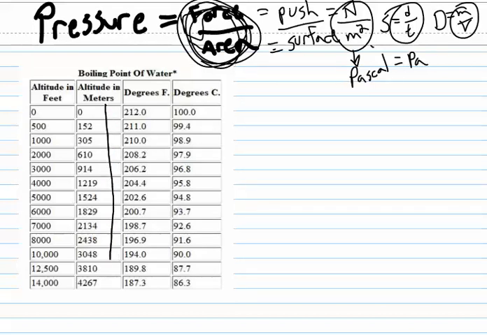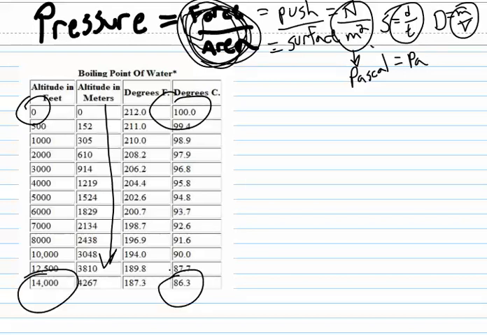So the higher up you go, the higher your altitude is, water boils at lower and lower temperatures. Check this out. At sea level, water boils at 100, but if you go up in the mountains, 14,000 feet, water boils at 86. So water boils, but it's nowhere near as hot. So if you cook stuff up high, then you have a lot less pressure.